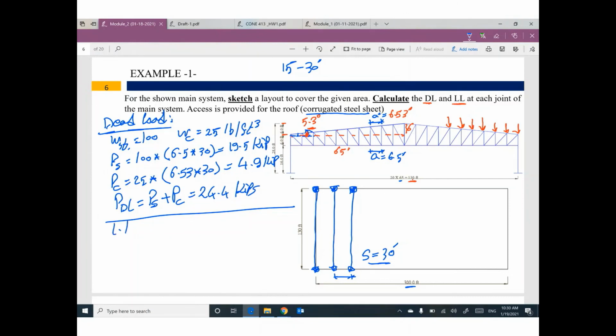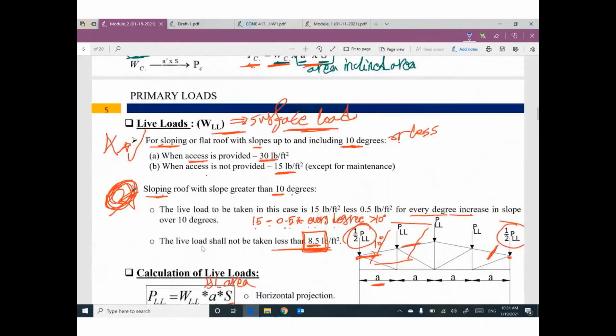For live load, what is your angle? The sloping angle is 5.3, which is smaller than 10. Please read your problem carefully. Access is provided. If access is provided and your sloping angle is smaller than 10, you are in this category, and your live load will be 30.